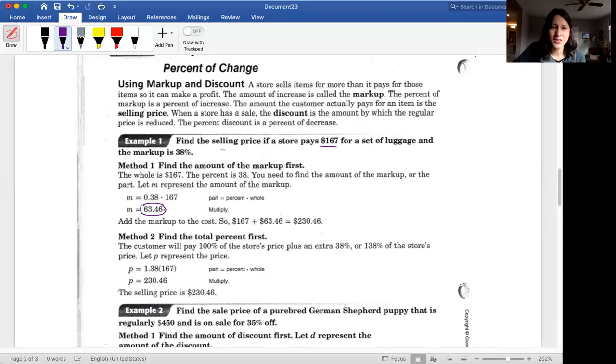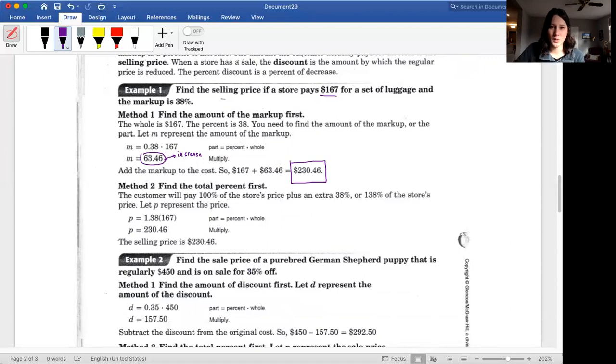So that means this is how much they're increasing the price, which means we're going to add this to the original price. We're going to add this to 167, and that is the total that they're going to sell the luggage for. So they make a profit of $63.46 when they sell this piece of luggage.